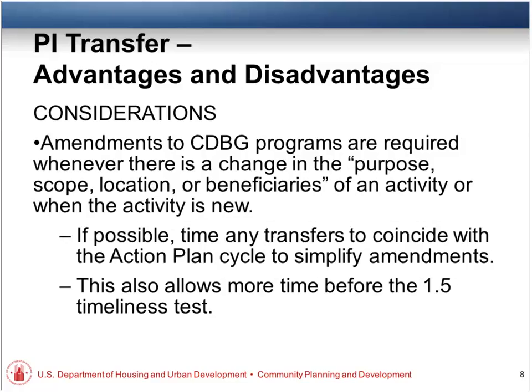So time those to transfer with the action plan cycle, and then you could do the amendment right as part of that. Coming in at the beginning of your program year also gives you more time before we start measuring the timeliness. And as Josie said, you can fail that test once, and we send you a warning. It's only when you fail it twice in a row that you have to have an informal consultation and justify your holding on to the money.